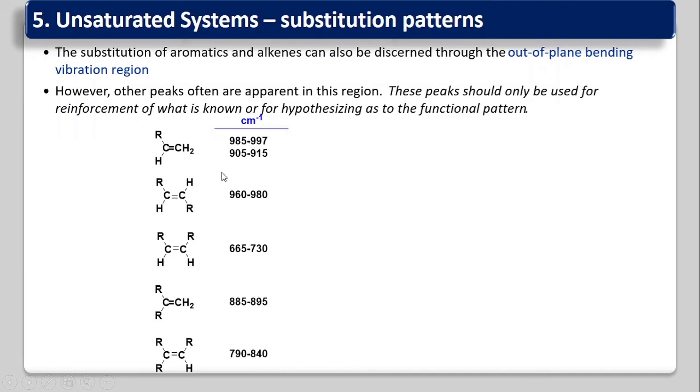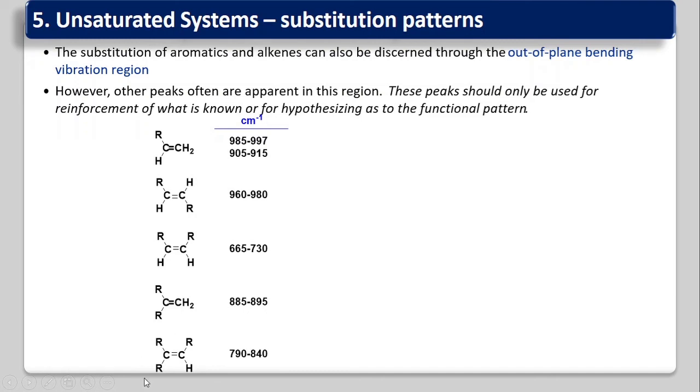If it is terminal monosubstituted, then you get peaks between 985 to 997 as well as 905 to 915 cm⁻¹. If it is trans disubstituted, then there are peaks between 960 to 980 cm⁻¹. If it is cis, then it absorbs at lower frequency, 665 to 730 cm⁻¹. If it is a disubstituted terminal alkene, it absorbs between 885 to 895 cm⁻¹.